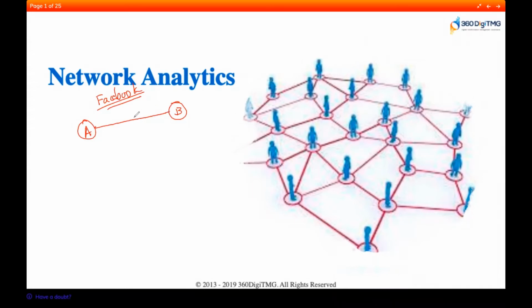It could be a relative, a friend, a friend of a friend, or a colleague. Whatever the relation between A and B, if you want to define it, you could do that. A and B are connected in the social network called Facebook.